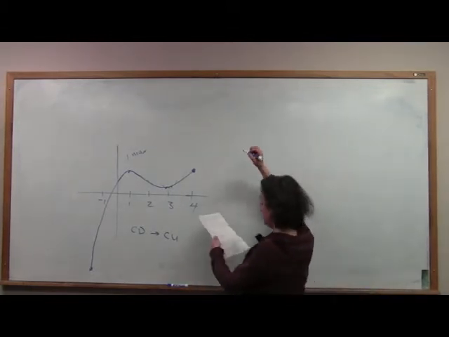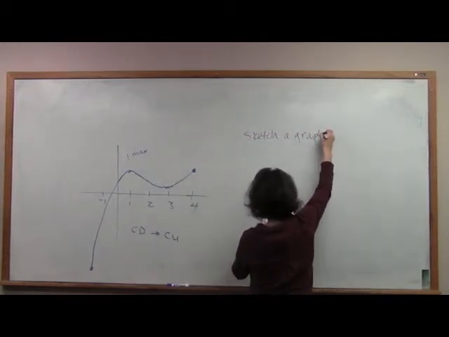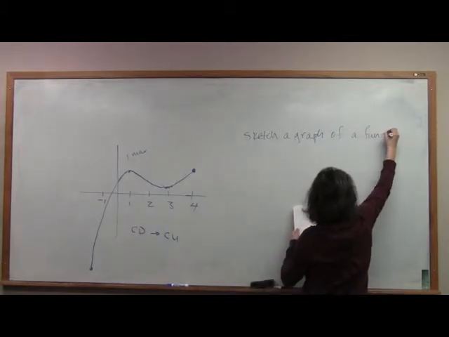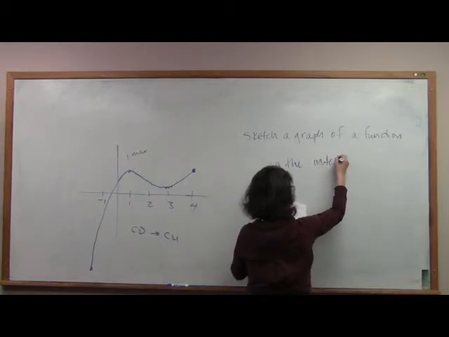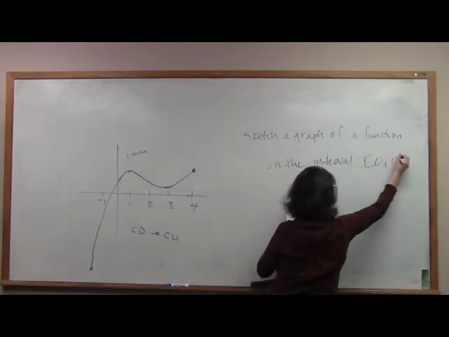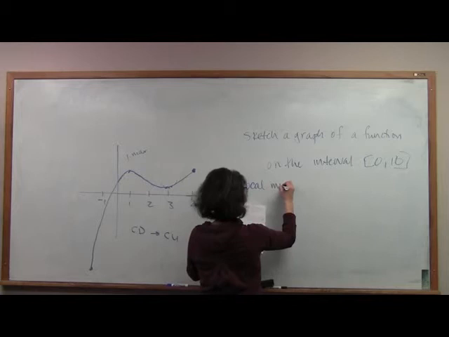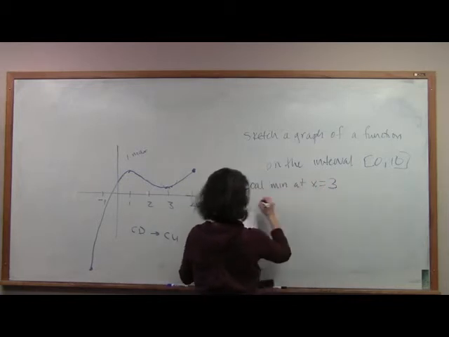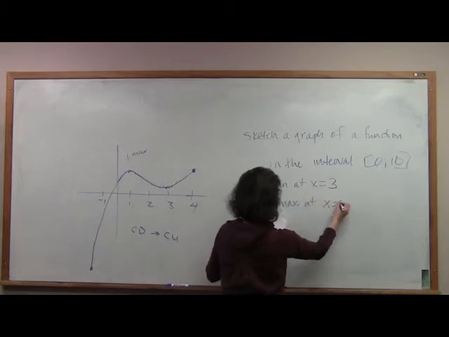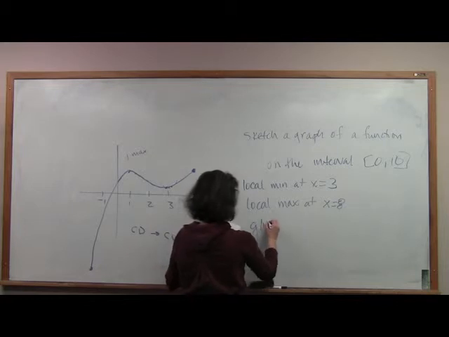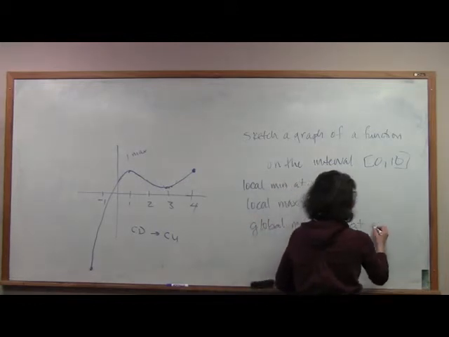So what if now I want you to sketch a graph of a function on the interval, say from 0 to 10, that has a local min at 3, a local max at 8, but it has the global max and min at the endpoints.